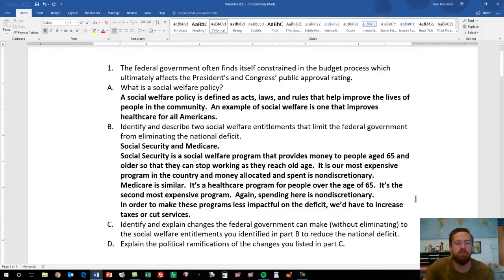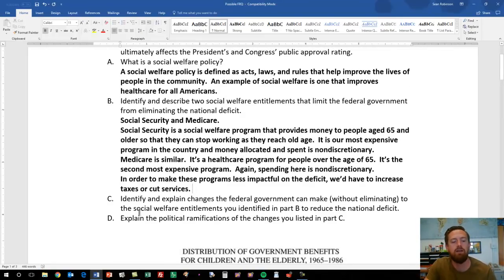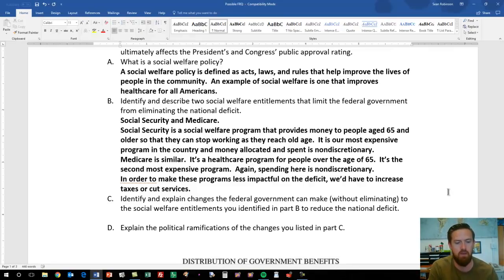Oh crap, I went and answered the C. Identify and explain changes the federal government can make without eliminating that social welfare entitlement you identified in B to reduce the national deficit. Well, both of those programs could have their requirements changed.